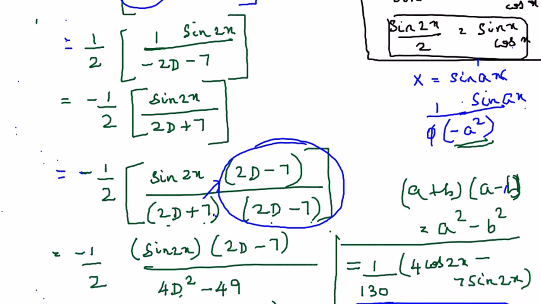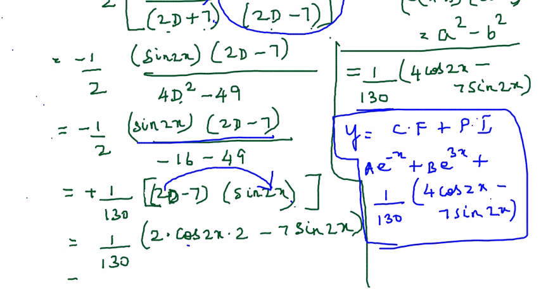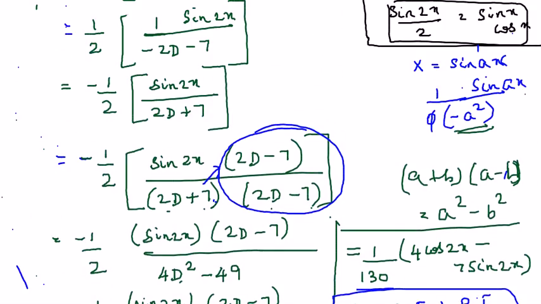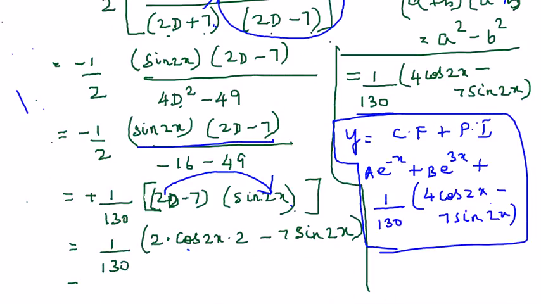And then the final thing is, once you get it of this form, remember to differentiate sin 2x here. 2d into sin 2x is nothing but 2 into differentiation of sin 2x, so that you get 2 into cos 2x. So that's the fourth thing that you have to remember. So with these four things in mind, this is a very, very simple sum to solve. Practice 3-4 times and I'm sure you'll be able to remember it.